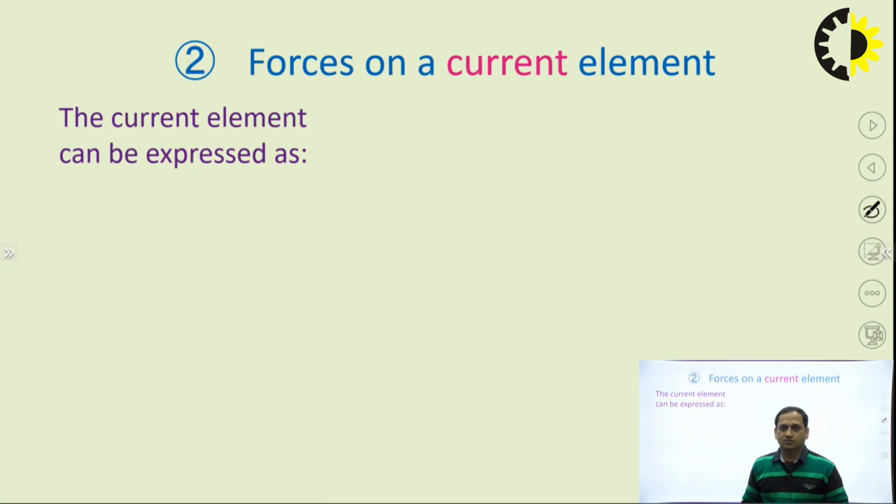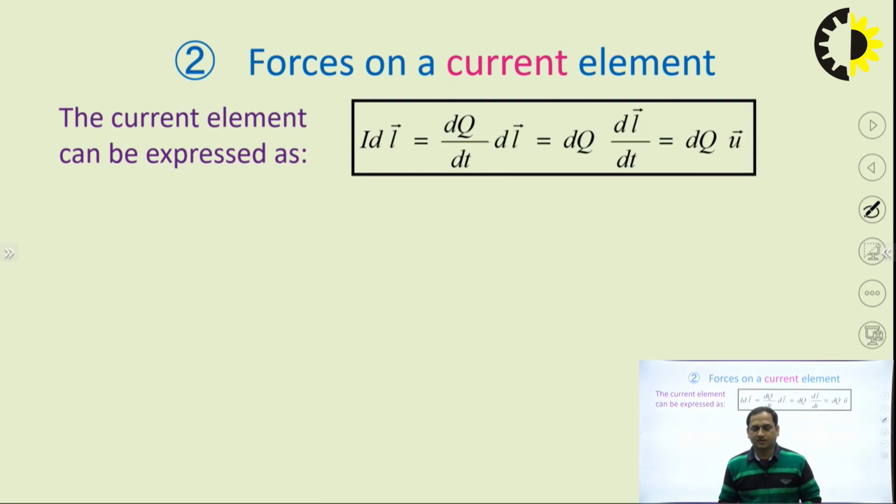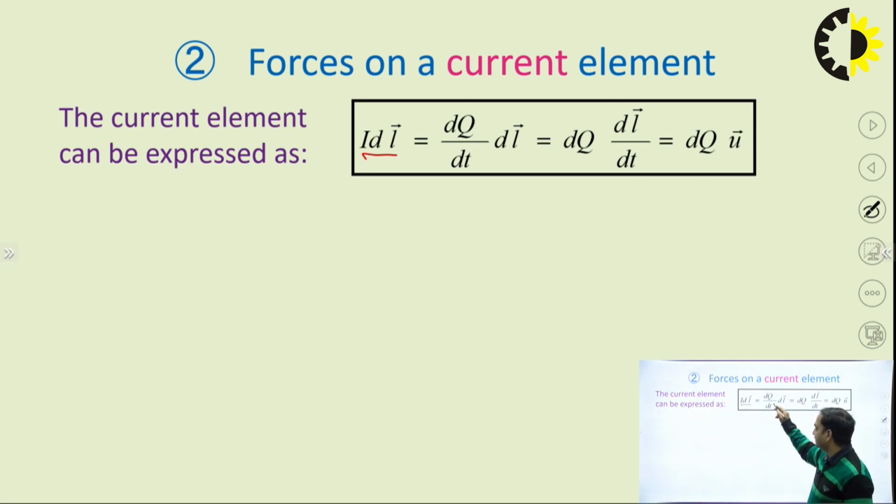Second is the force on the current element. The current element is nothing but I into dl. When we take one element from a current carrying conductor, the current into it is defined as the current element I into dl. In place of I we can write dq upon dt, into dl.